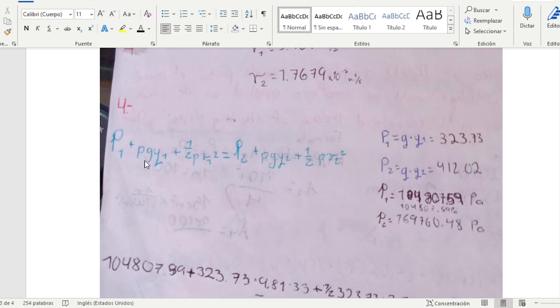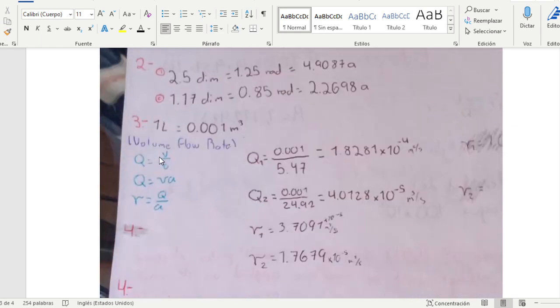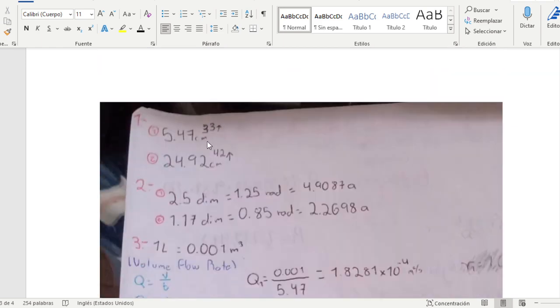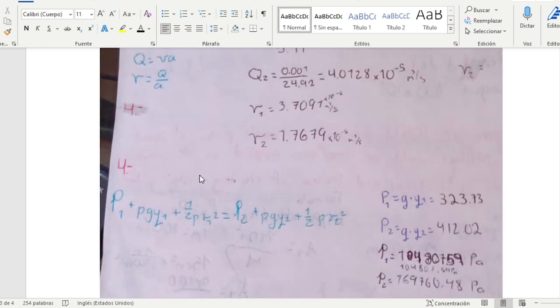Yeah, pressure, plus gravity times height one, plus half of rho times velocity one cubed, and that's the same for the second one. So first we need those values. We have gravity, which is always going to be 9.81, and the height, which we have from the measurements in our first part.